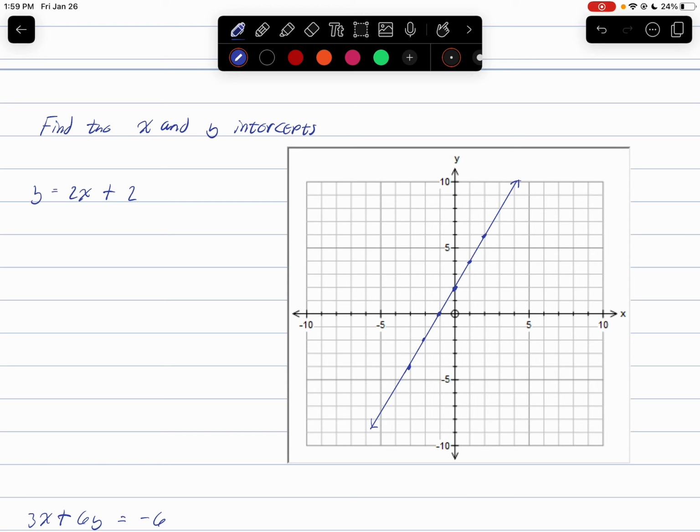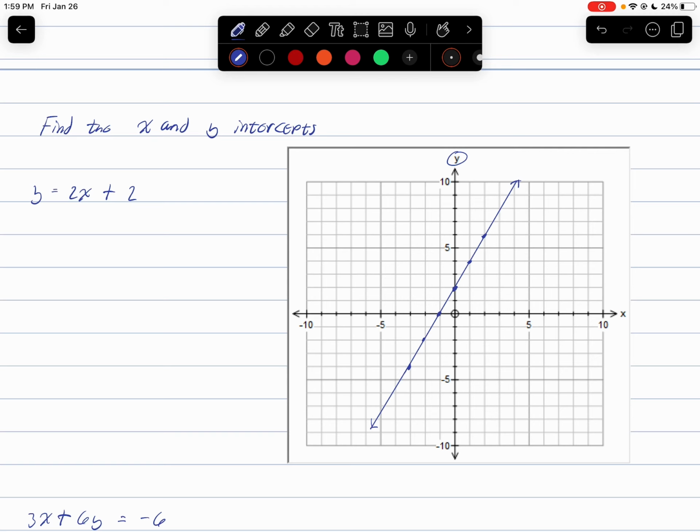So let's say you're given some equation and you're told you want to find the x and y intercepts: y equals 2x plus 2. The y-intercept is the place where the line crosses your y-axis, and the x-intercept is much like it.